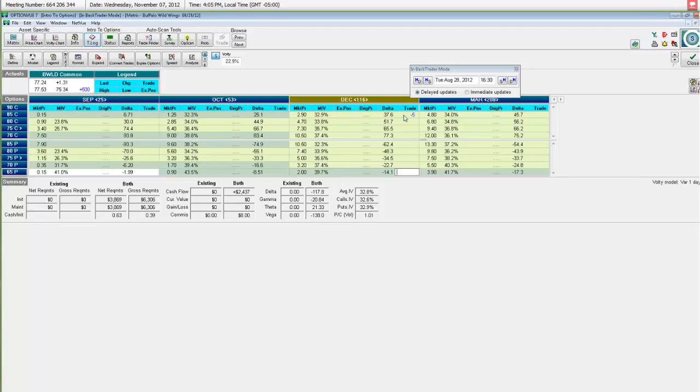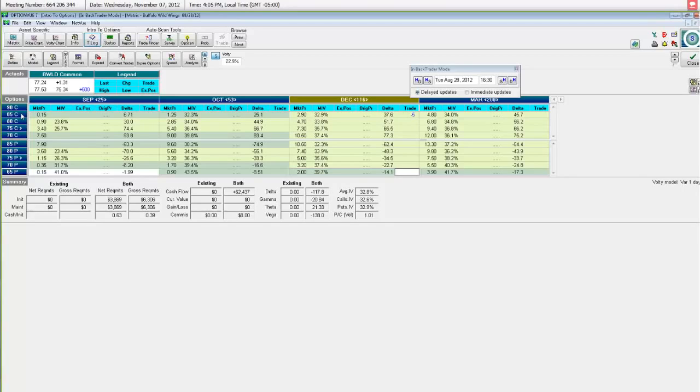This is a call. If you notice, this little line right here in the middle of this matrix separates the calls on the top side from the puts on the downside. If you look at this strike right here, I'm just going to follow it all the way back over here to the legend.